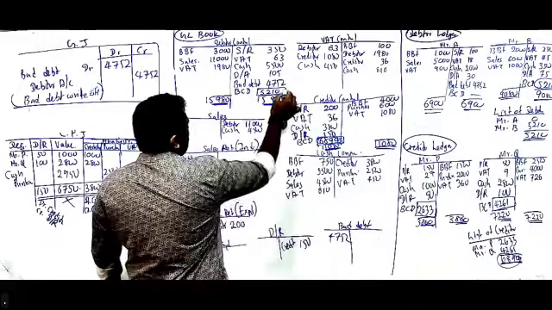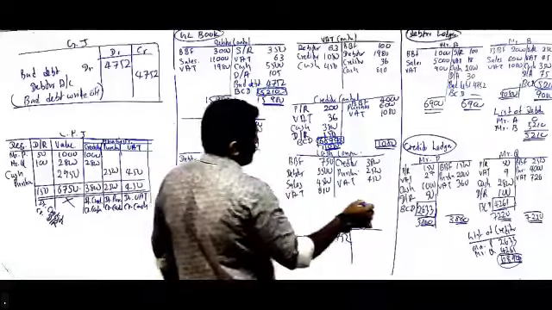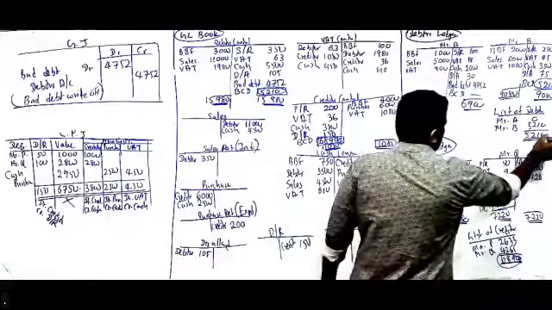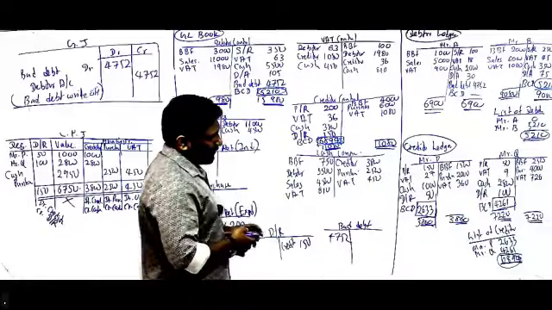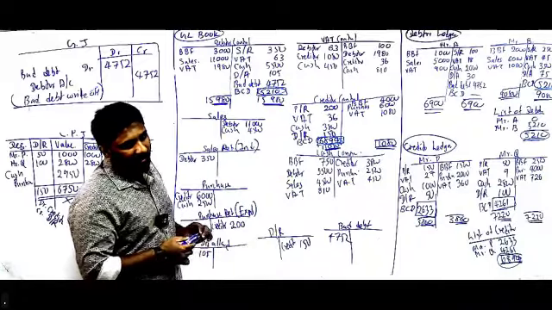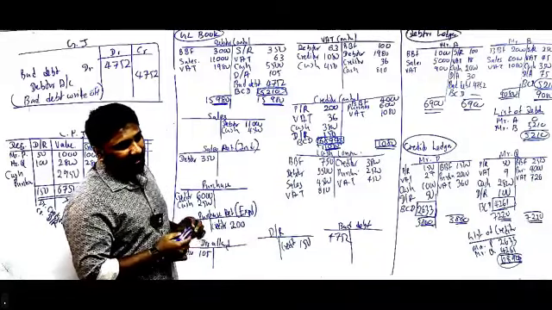Debtor control account BCD balance 5210. Individual accounts total also 5210. It should balance. It should match. If it didn't match, what will happen?